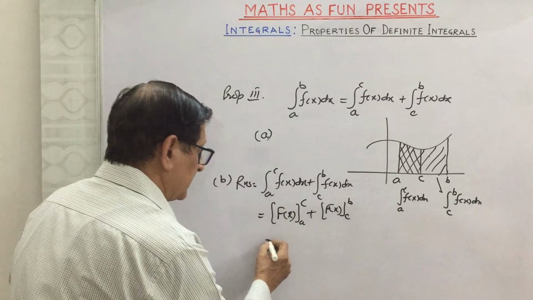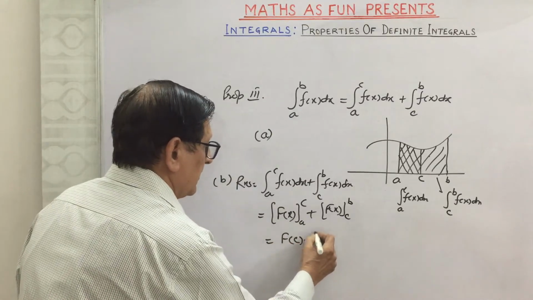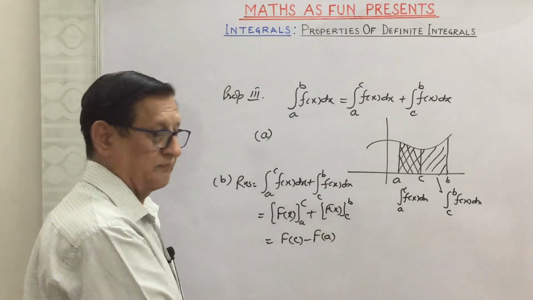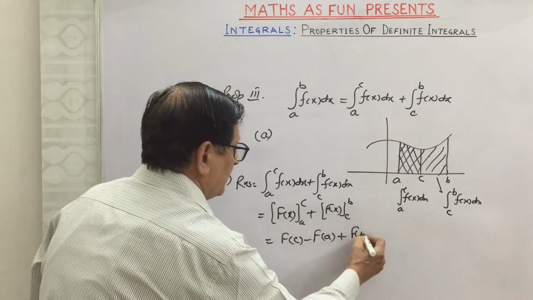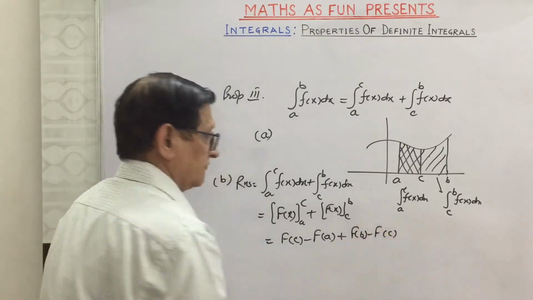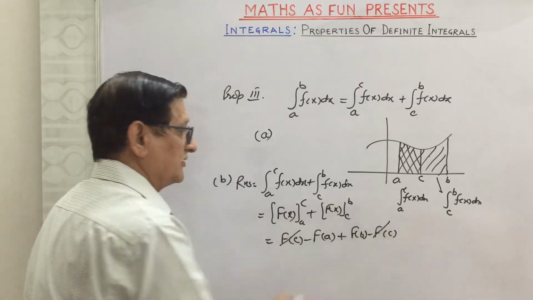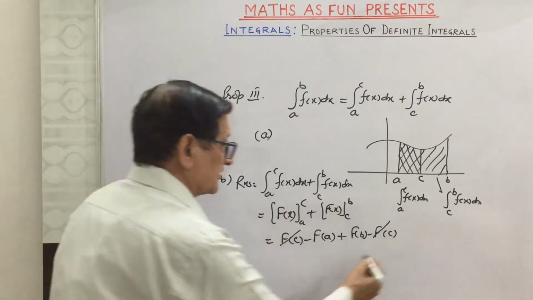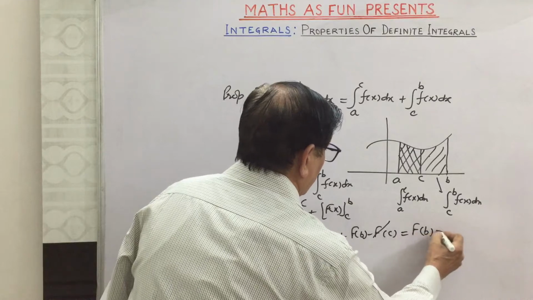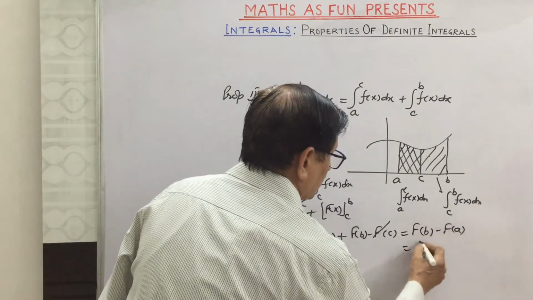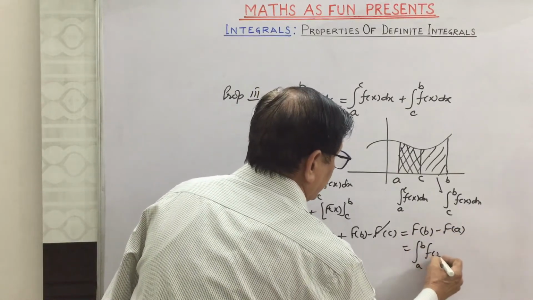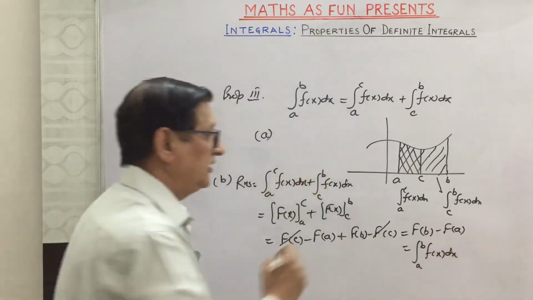If we apply the limits, this will be F(c) minus F(a). This will be F(b) minus F(c). We find here that this F(c) and F(c) cancel. And this is equal to F(b) minus F(a), which is the integral of f(x) from a to b.